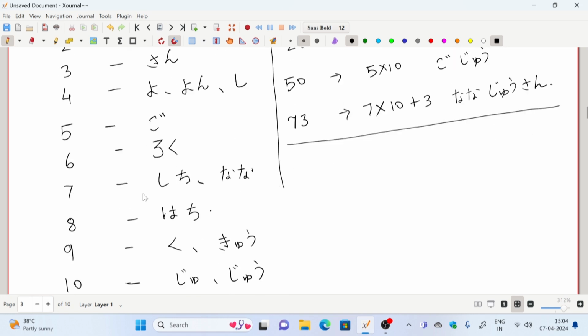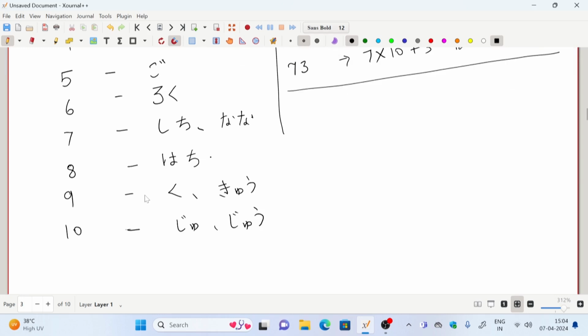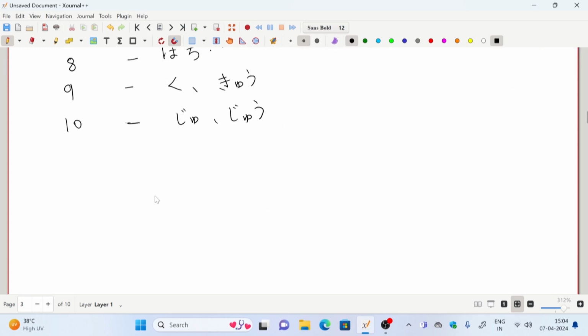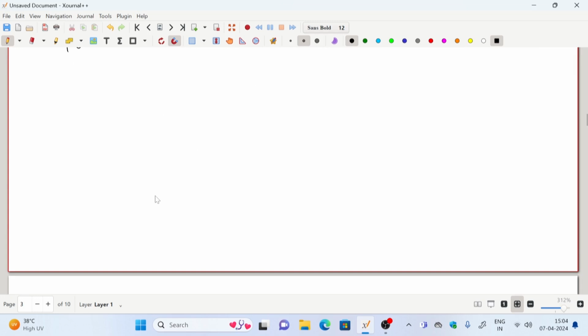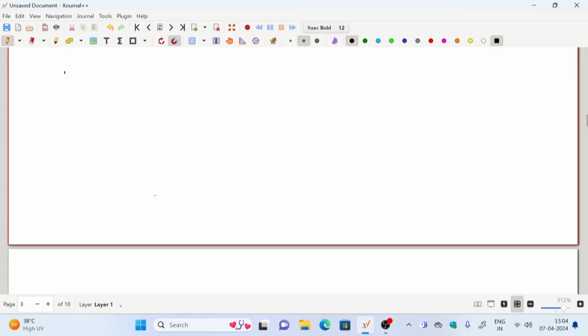Next we'll learn the first pattern, that is A wa B desu.